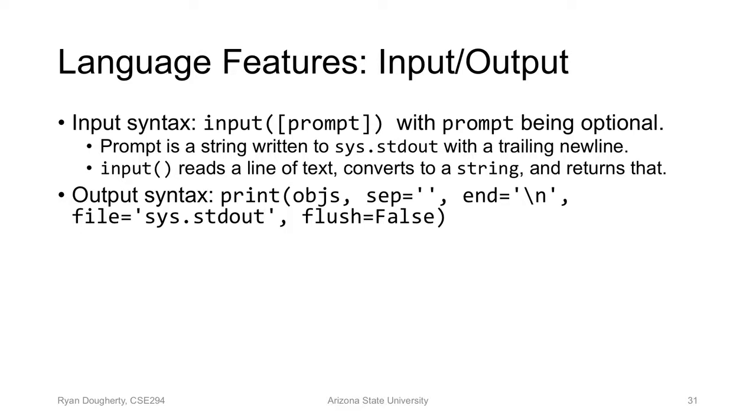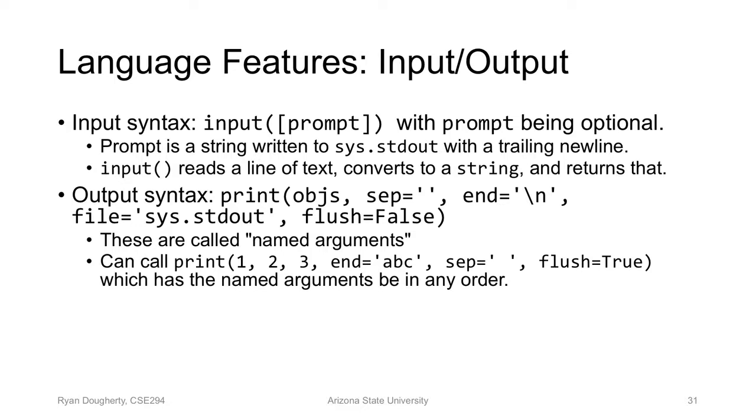You can write what is at the very end of the print statement and a whole bunch of other things. So we can call, say, print 1, 2, 3, have the end be ABC. A separator is space, so there's a space between 1, 2, 3, and the end will be ABC.